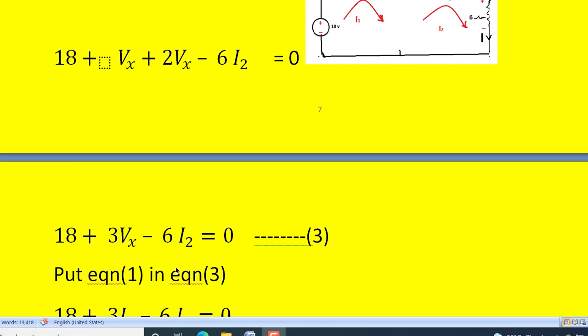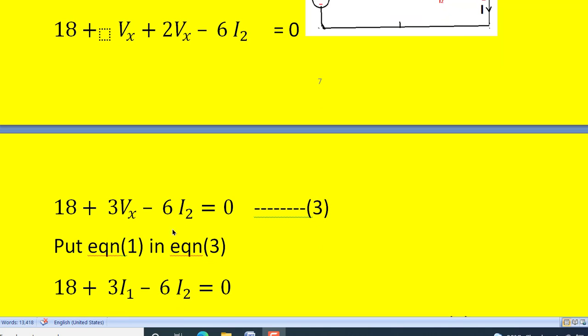So we know equation 1, that is Vx is equal to 1 into I1. So that we called as equation 1. So that equation 1 we substitute here in the equation 3. So that is, in place of Vx we substitute 1 into I1. Once we substitute it, we get like this: 18 plus 3 into 1 into I1 means 3 into I1 minus 6I2 is equal to 0.